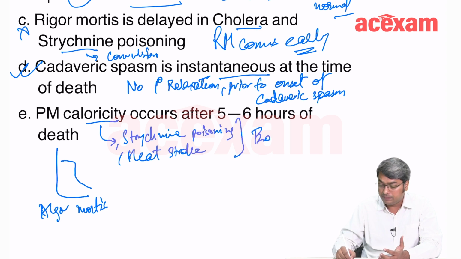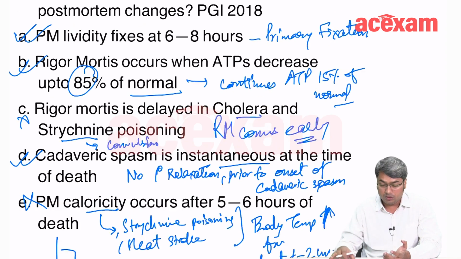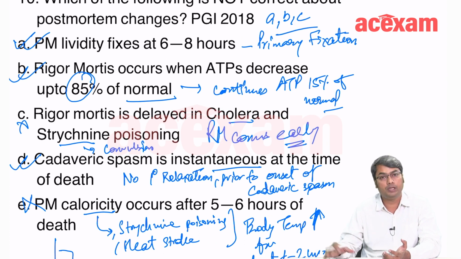The body temperature increases after death, and it remains increased for about 1 to 2 hours. So, no, this is not true. So, out of this question, A, B, C are true.